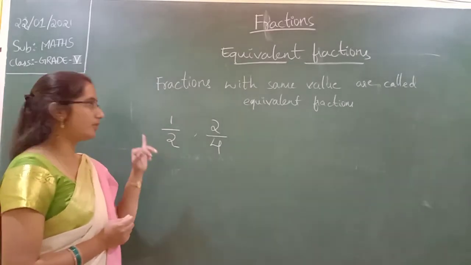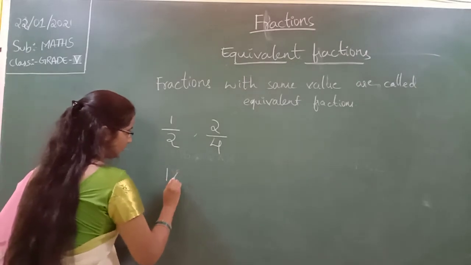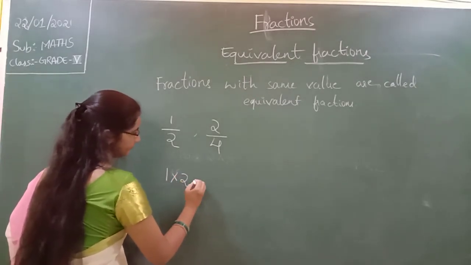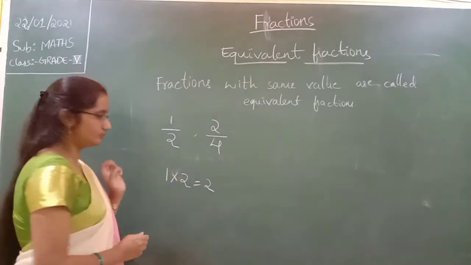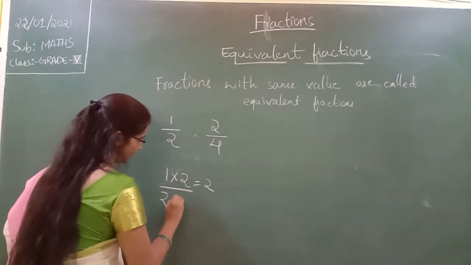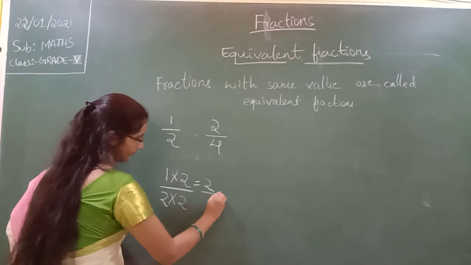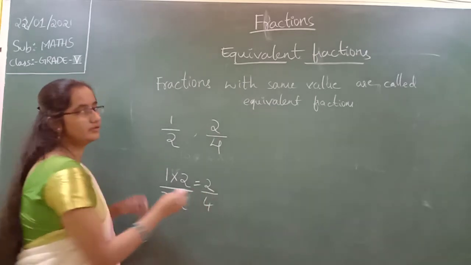Multiply both numerator and denominator by 2. 1 into 2 is 2, and 2 into 2 is 4. So we get 2 by 4.